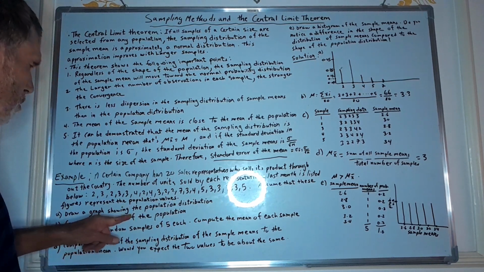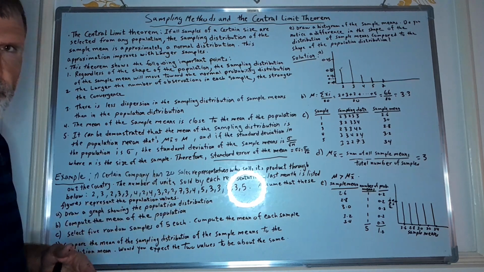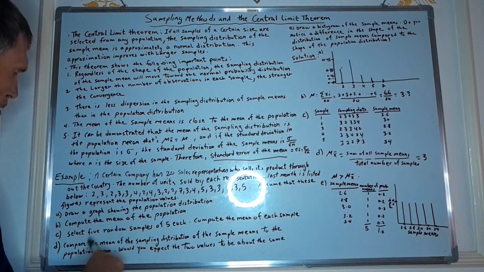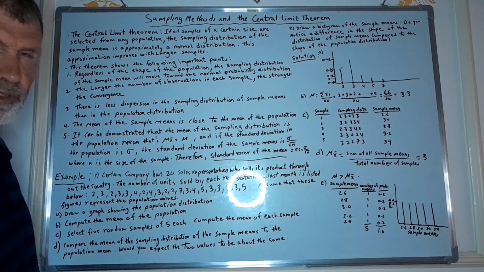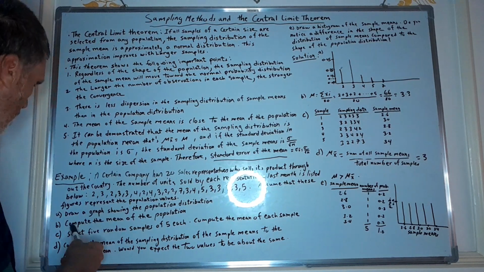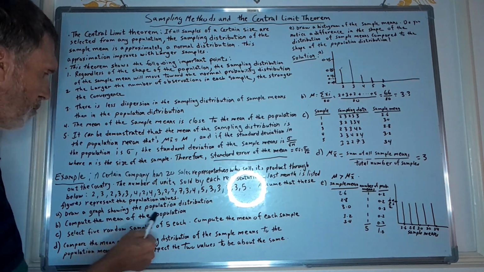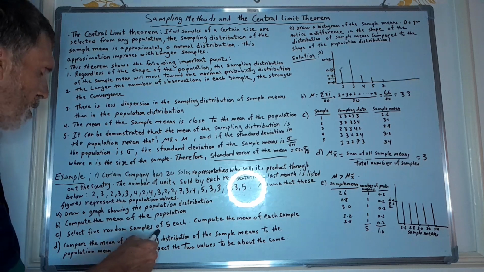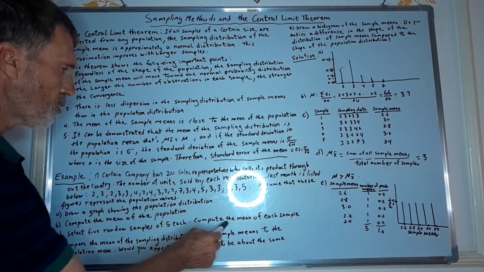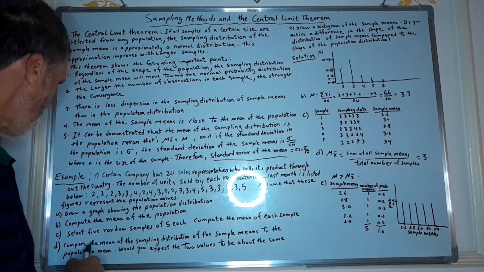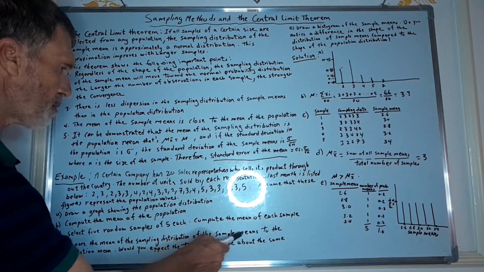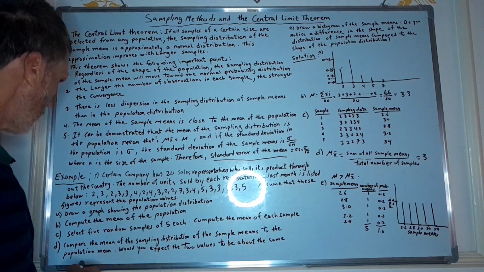Draw a graph showing the population distribution. This is the graph here. Let's read the question first and then move to the solutions. Compute the mean of the population. C, select 5 random samples of 5 each. Compute the mean of each sample. Compare the mean of the sampling distribution of the sample means to the population mean.